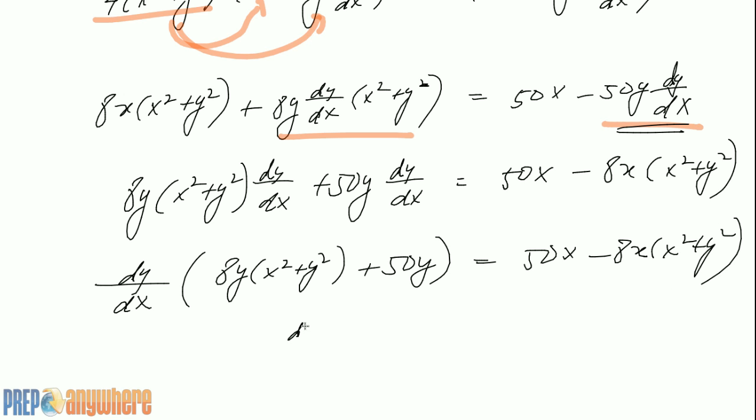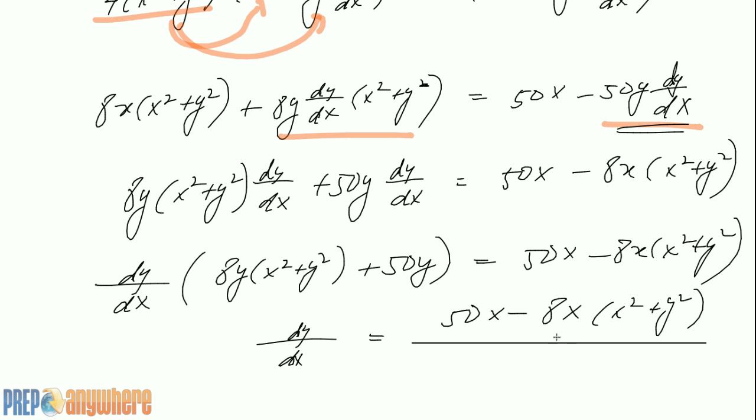And then finally dy over dx is equal to all over that.